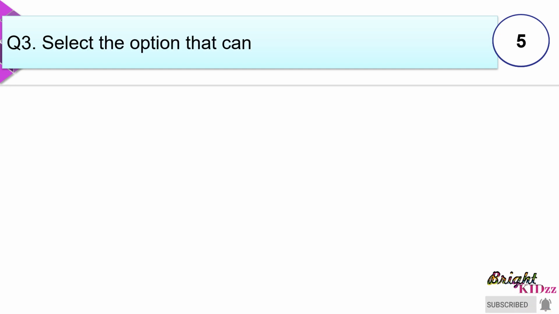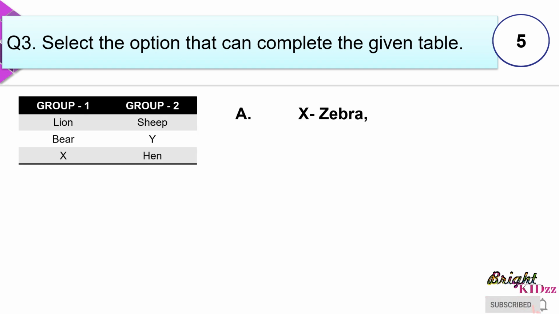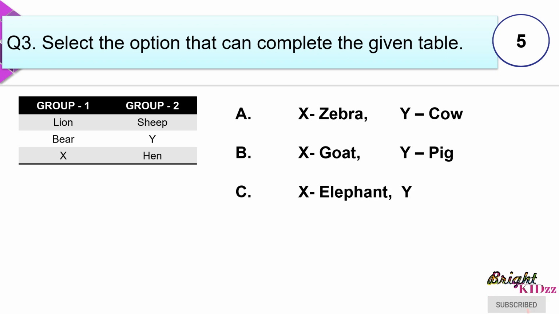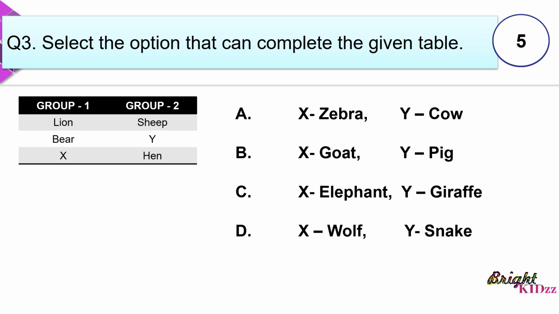Select the option that can complete the given table. Group 1: lion, bear, X. Group 2: sheep, Y, hen. So options are given. Select the correct option.